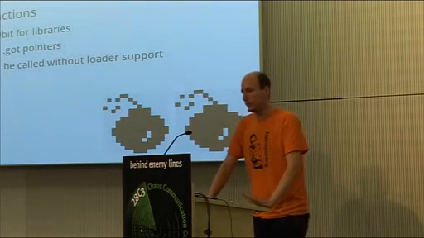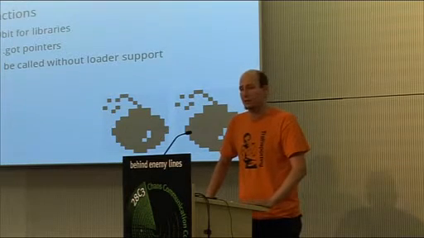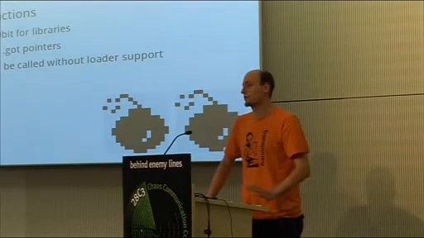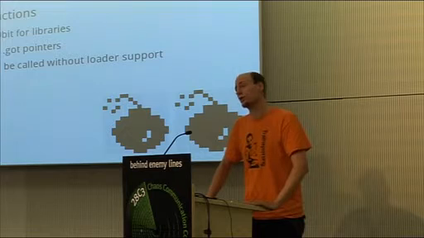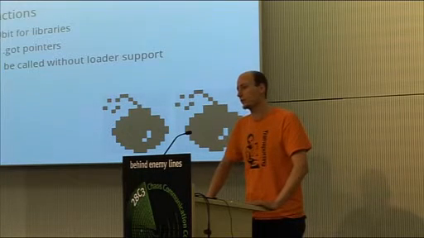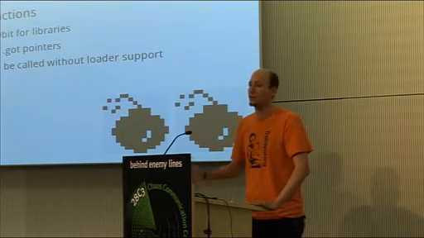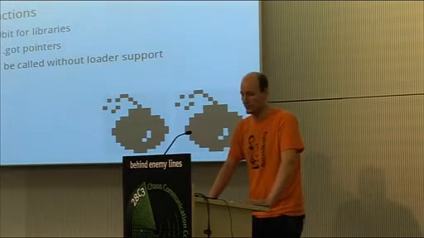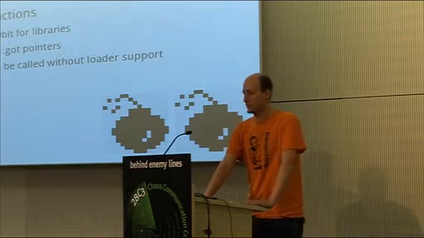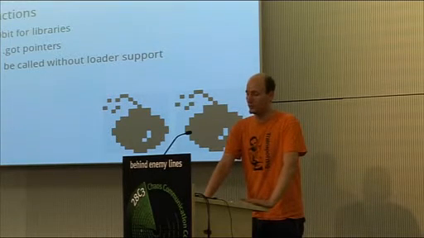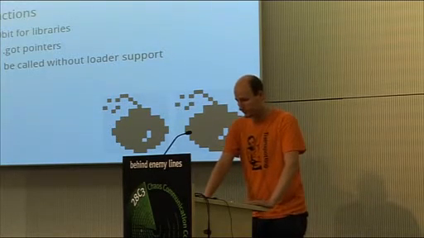We assume that the attacker has access to the binary, so the attacker can just disassemble the library and check the offsets between the locations. If we have one pointer into the library, we can resolve any other function in that same library and just add and adjust the offset in the end. So we can call any hidden function, for example, a nice system function, without any loader support.